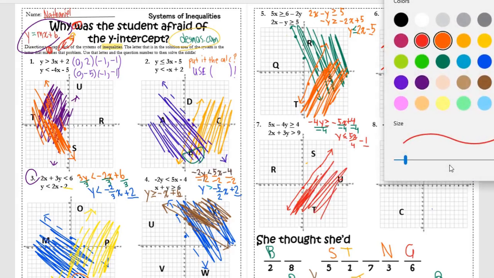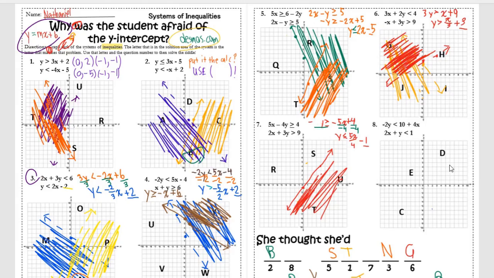For our second inequality, we're going to have to subtract both sides by 2x, because the 2x is added to our 3y, and the opposite of addition is subtraction.